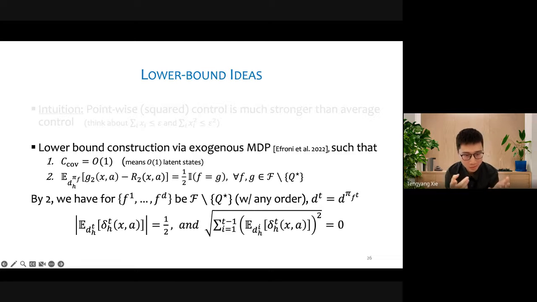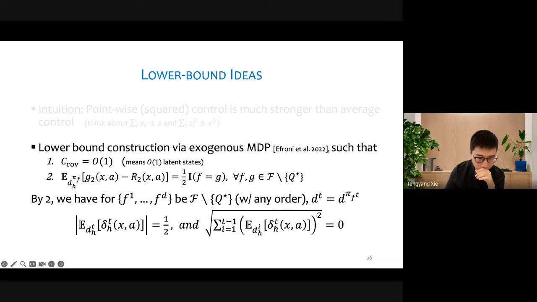So we can use this example to construct a sequence that violates the Bellman-Eluder dimension. We can pick any order of the function class minus q star as our value function class, and use d_t to be the on-policy distribution. Then at each t the on-policy average Bellman error is 1/2, but in the data it is all 0.